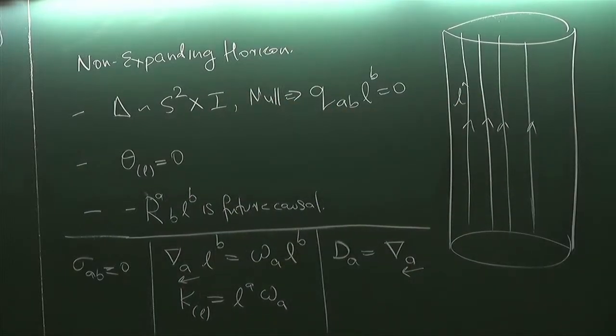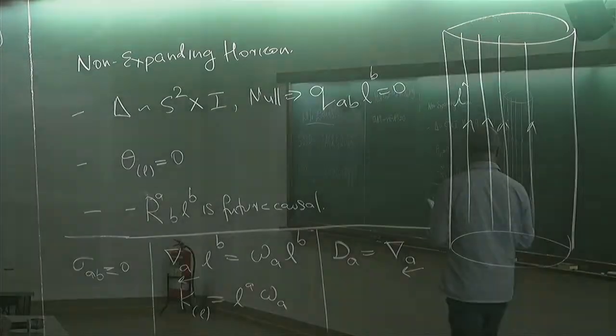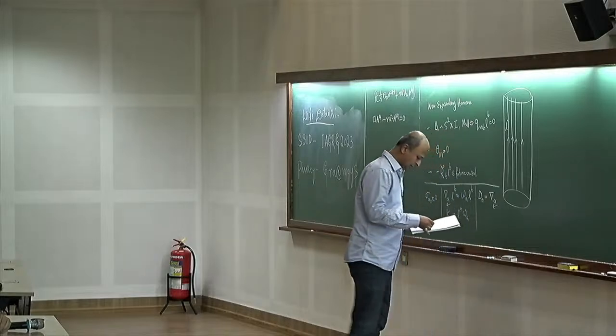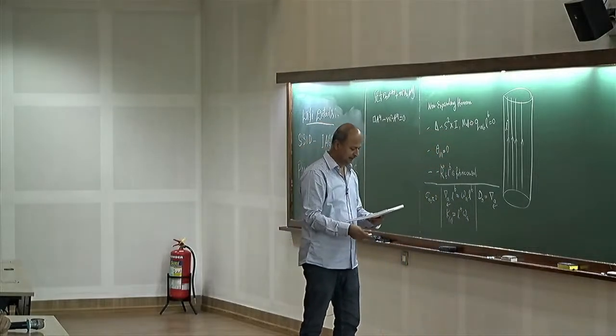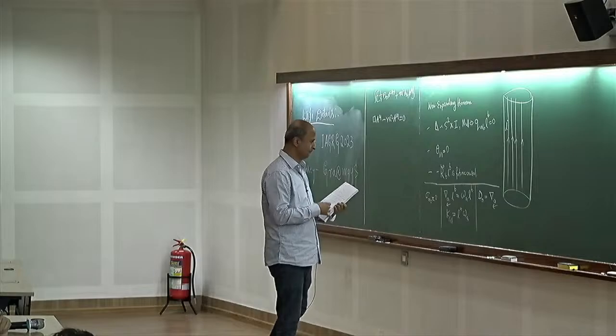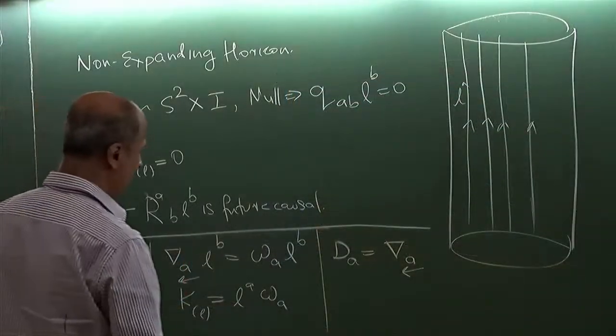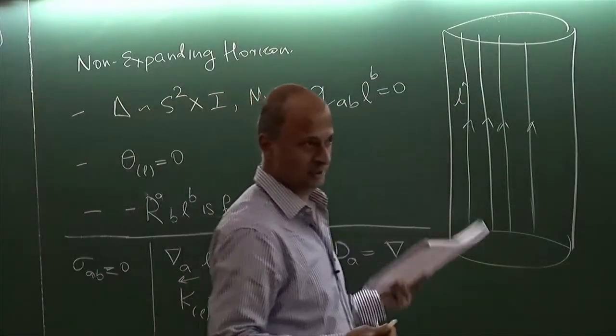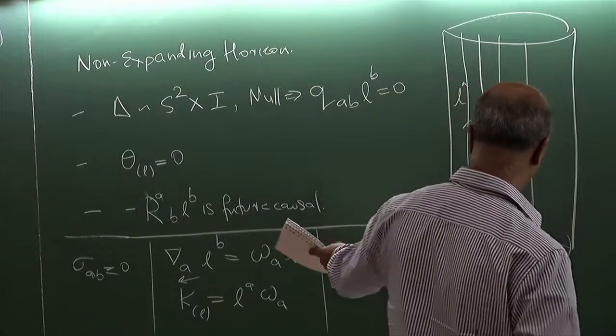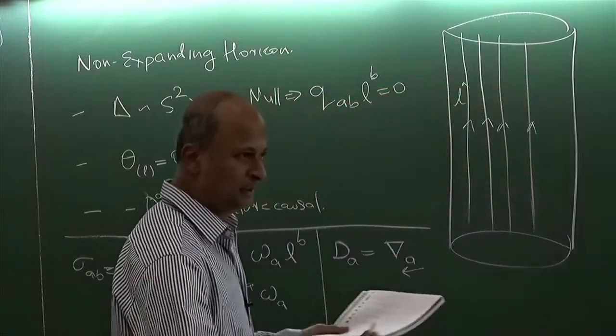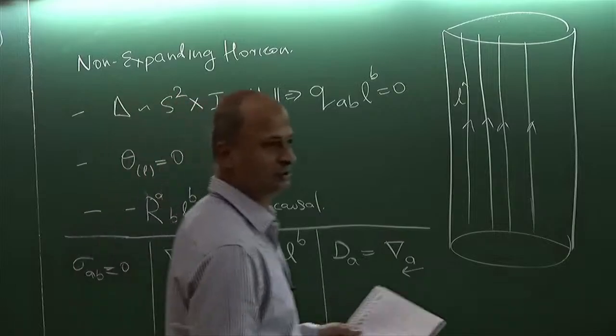So let us continue. The next thing I would like to do, I won't prove all the steps now in the remaining results, but at least I'll indicate how you get them. I want to tell you a little bit about the curvature tensors at the horizon. So far this was about the connection and the metric, but there are important results regarding the curvature components.